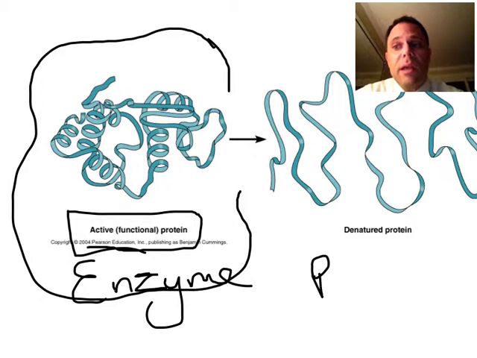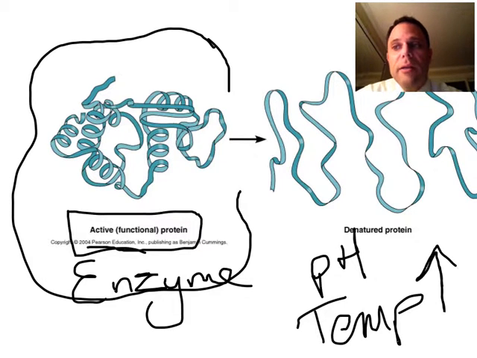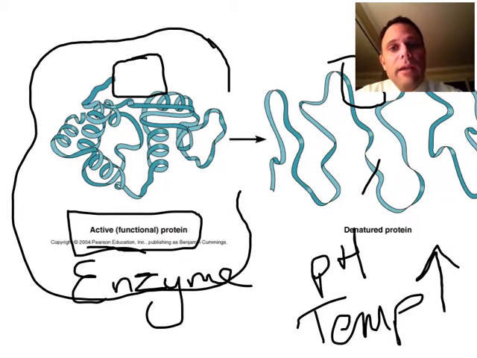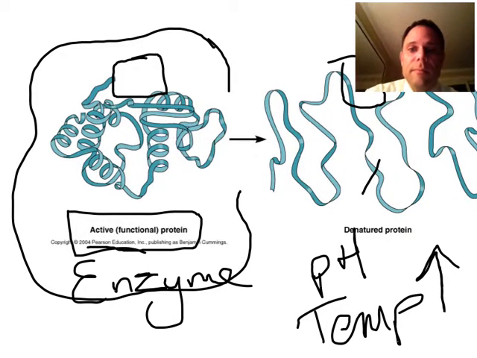Either the pH of the environment that protein is in is not correct for that protein, or the temperature is too high. What that will do is unfold or sometimes even crack that protein into different pieces. And the active site, if this were the active site, notice it doesn't exist anymore. That enzyme is broken, it's dead, it cannot be used.